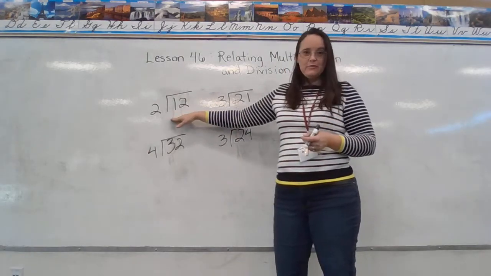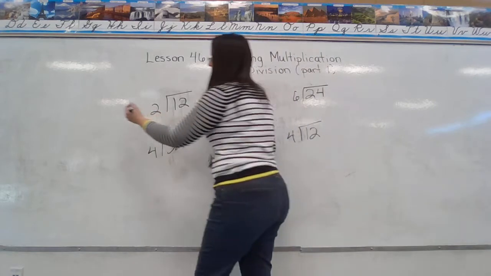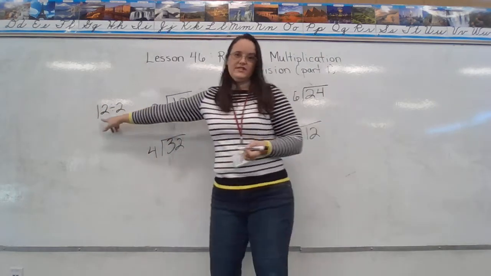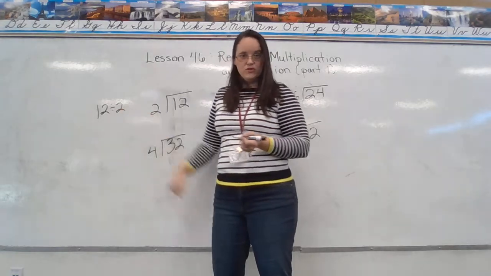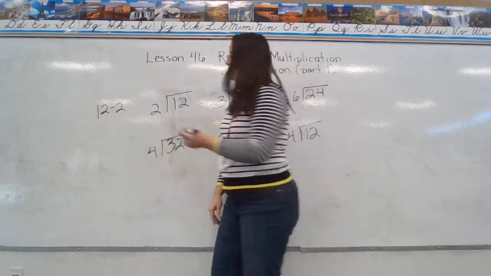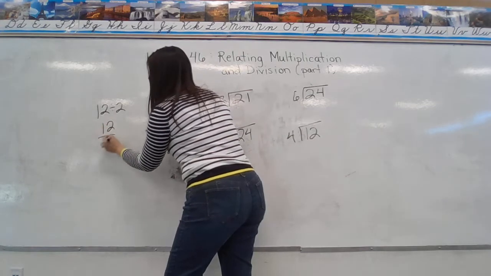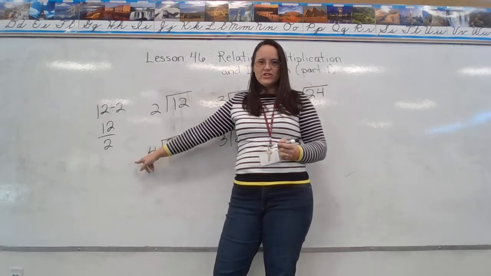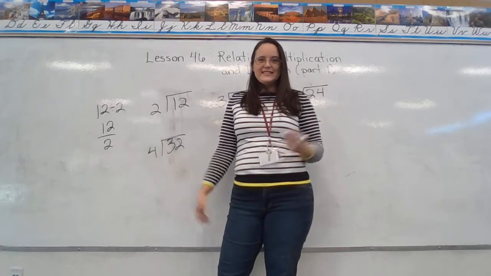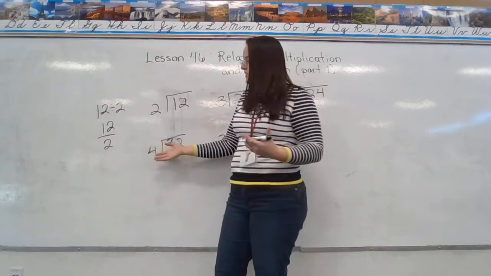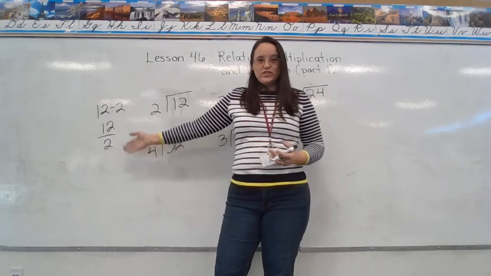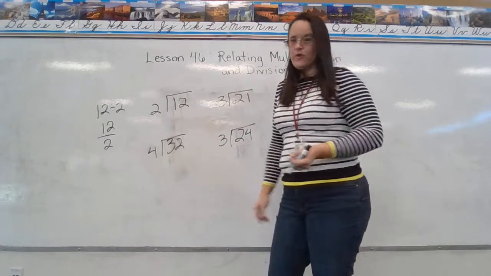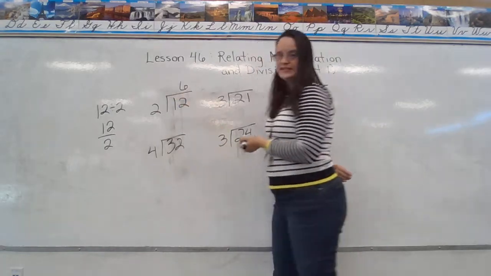I can take this same problem, 12 divided by 2, and write it using just 12 divided by symbol 2, or I could write it like a fraction. That makes it look like a fraction, but really a fraction is a division problem. So we can use fractions to write division problems. In any case, the answer to 12 divided by 2 is going to be 6.